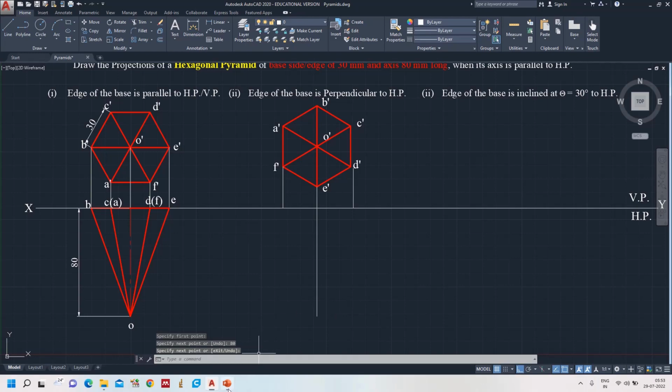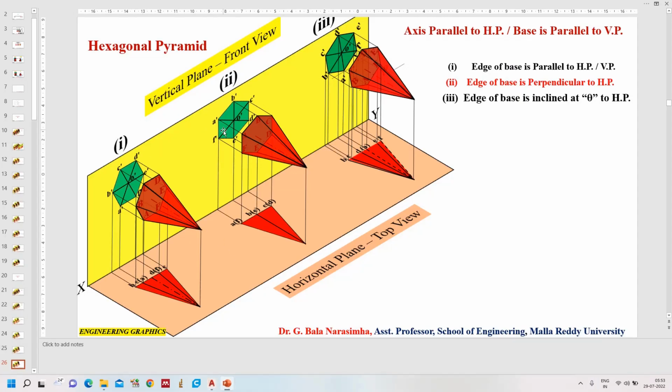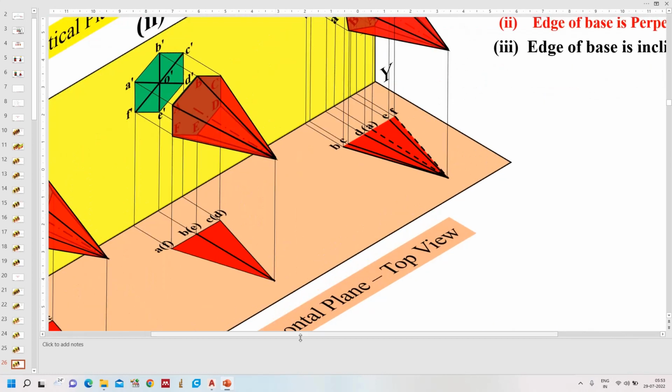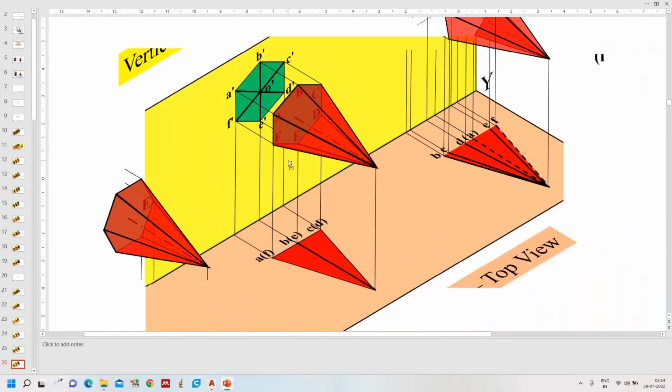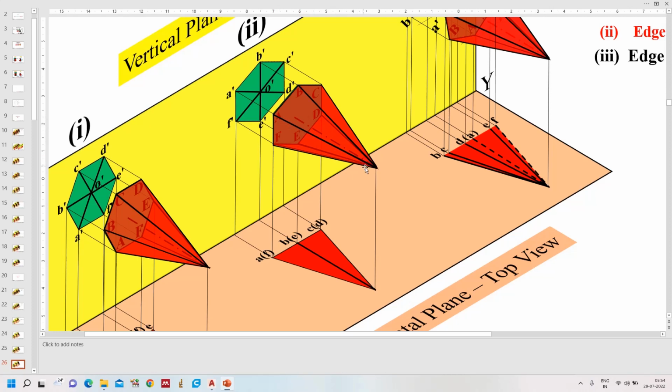Okay, see, when it turns 90 degrees, the edge AO is clearly visible, edge BO is also clearly visible, the edge CO is also clearly visible.